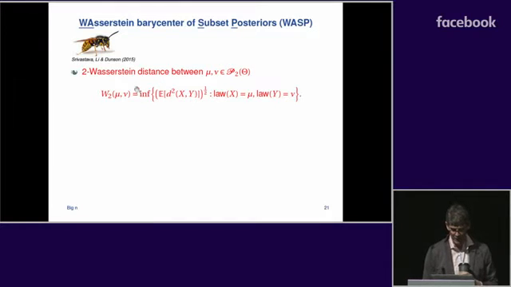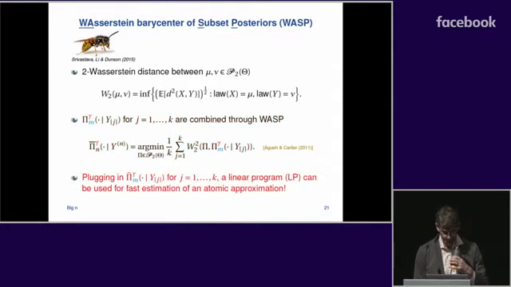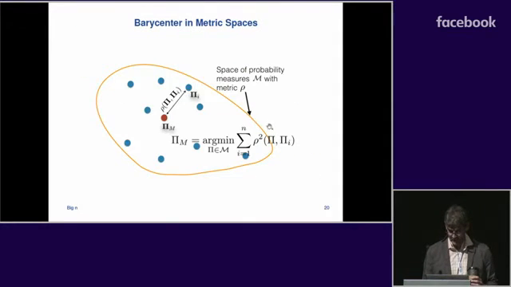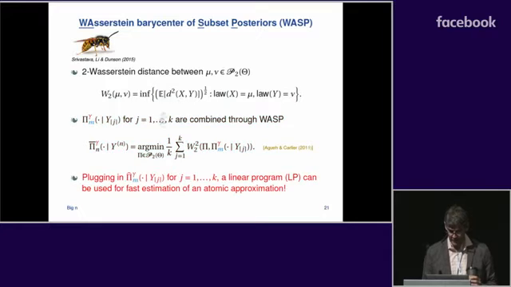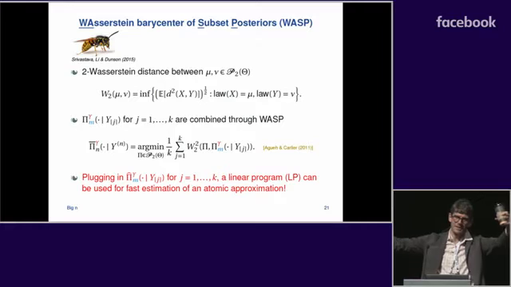We define a Wasserstein distance between probability distributions, and then we can just solve a type of optimization problem using this Wasserstein barycenter, which is a well-known quantity in the optimization literature. One nice thing is that we take each of these subset posteriors and get samples from them. In parallel on each machine, we have a subset of the data and we run MCMC. That's easy because the problem size isn't big, since we have a small sample size on each machine.